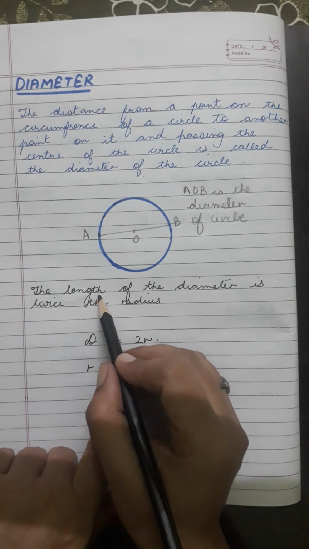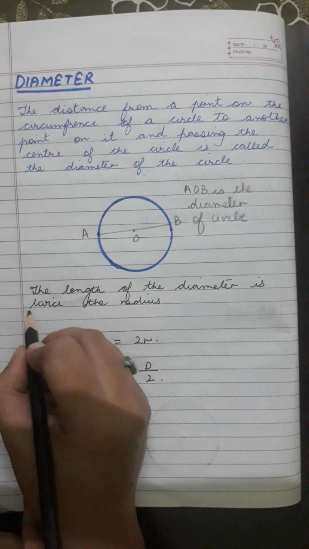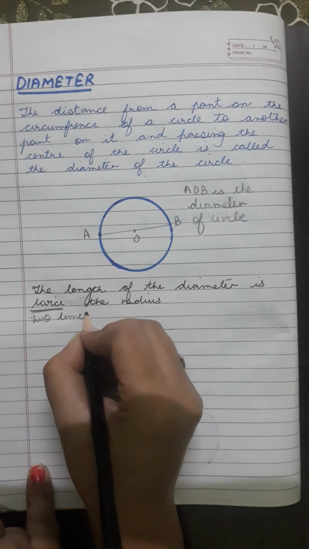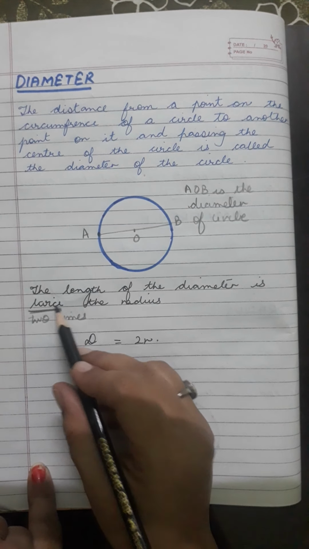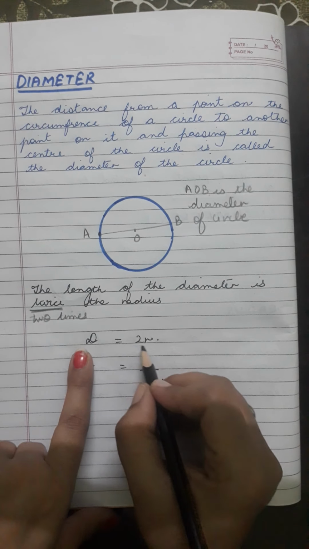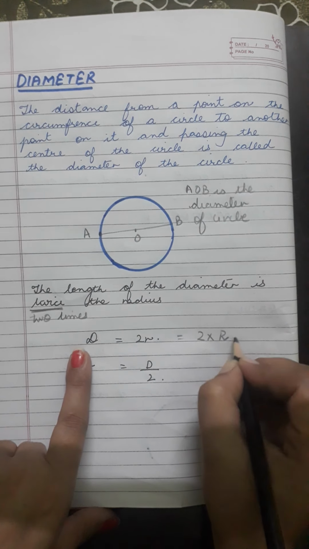And you have to remember that the length of the diameter is twice the radius. Twice means 2 times. So diameter is 2r, or we can simply write 2 multiplied by r.